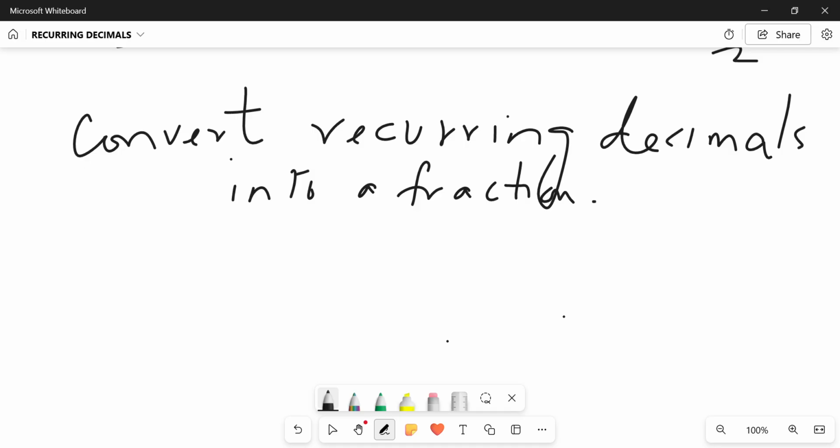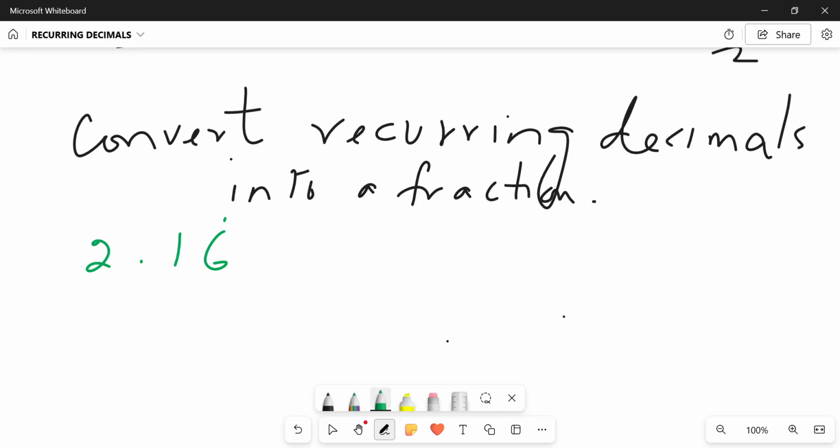Okay. So the first example is 2.16, and the recurring digit here is 6, right?